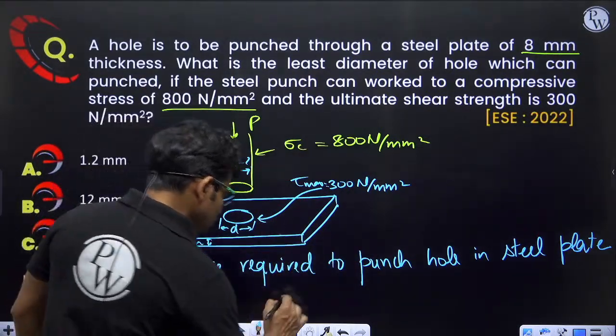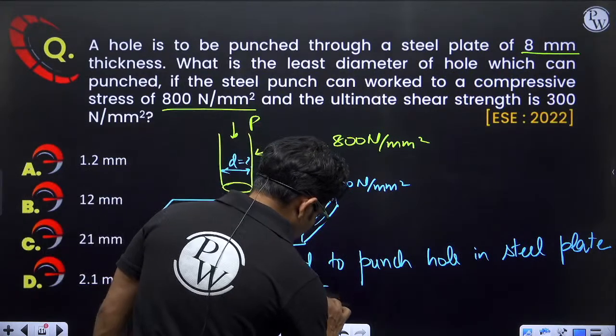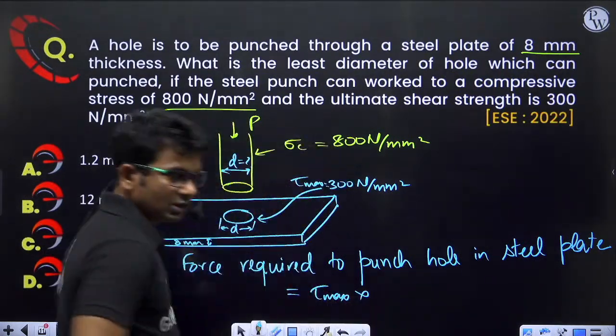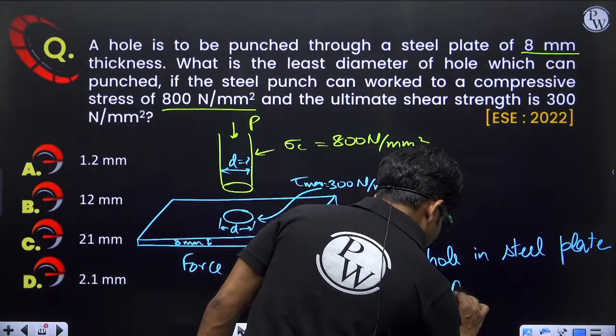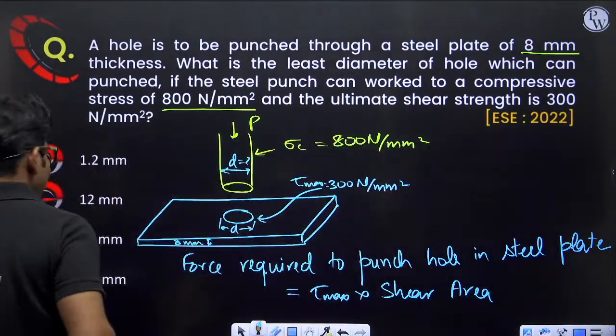So force required will be equal to tau max into shear area. Now what will be the shear area?